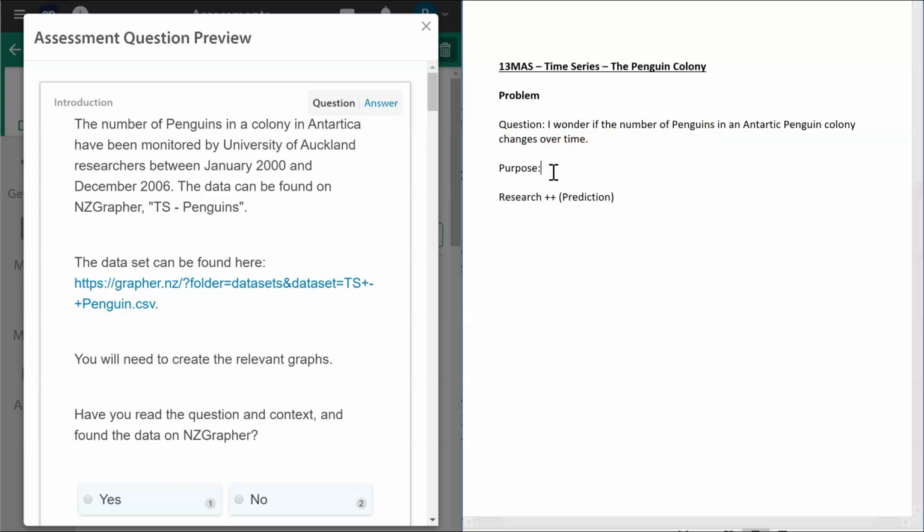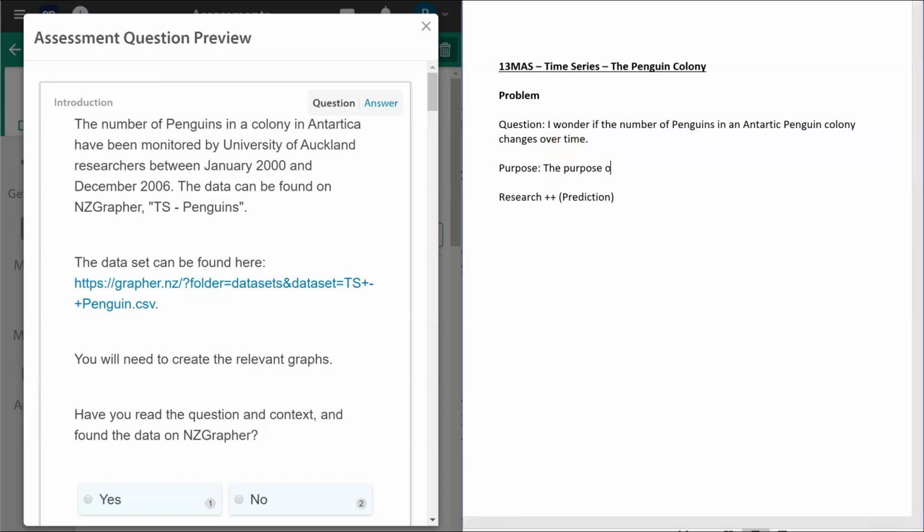Let's get into purpose. We now need to start thinking about who would find this information useful, like why are we doing this? And just for me, penguins actually are my favorite animal, and so my purpose is going to be related to developing an understanding of penguins, to then be able to advise maybe the New Zealand government or other world bodies, what do we need to do to help protect the penguins? And this is going to be particularly important given the current climate change status. It's only going to get worse for these penguins. So that's our goal.